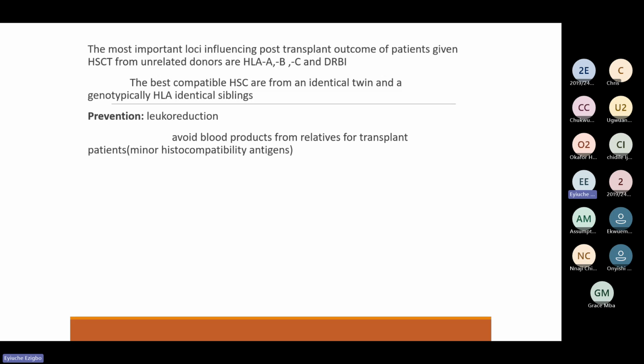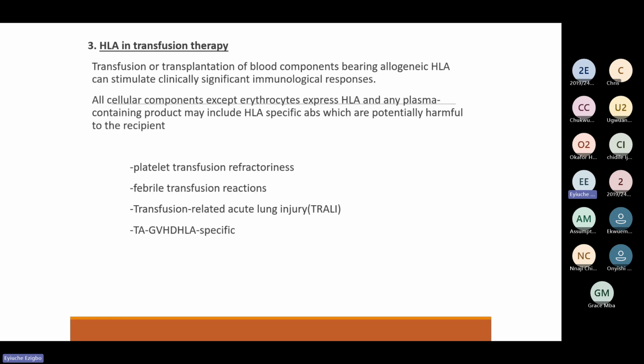disorders as we go on, taking them one after the other, the graft versus host disease and the non-hemolytic transfusion reaction. Okay, HLA in transfusion therapy. It's still significant because it can elicit some clinical conditions in the patients.